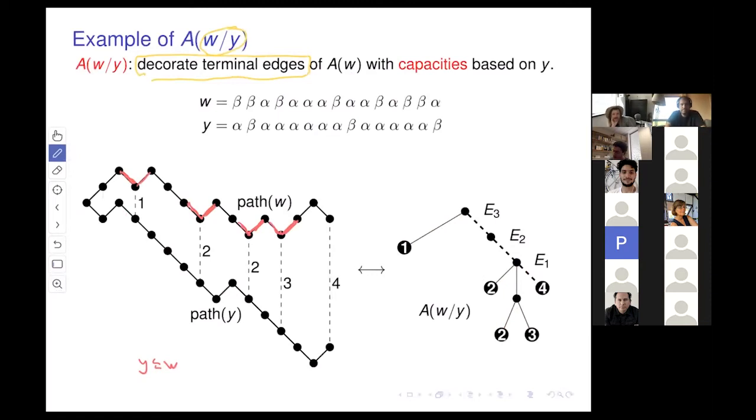And I guess the last terminal edge is basically this. If the last letter is an alpha, then you think of that also as a valley. Okay, and then you basically measure the lattice distance between the path of W and the path of Y, and that explains the capacities.